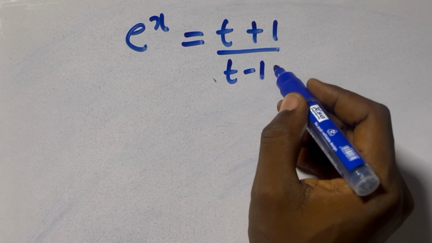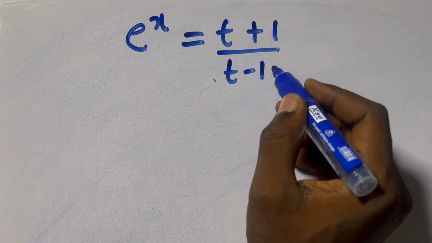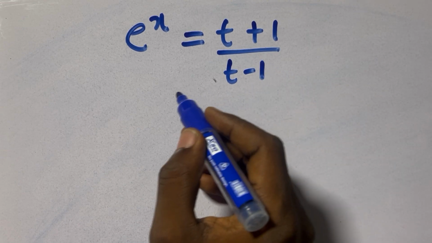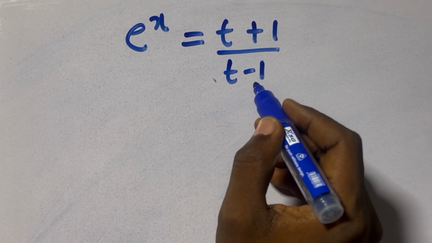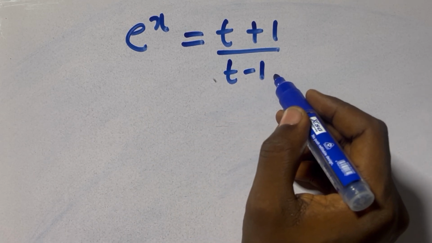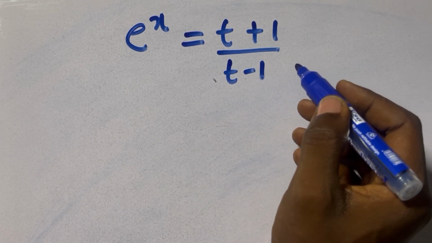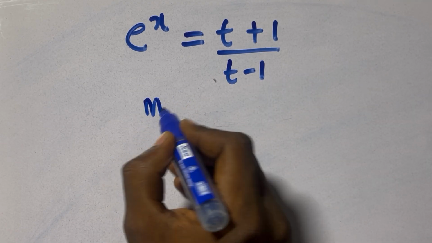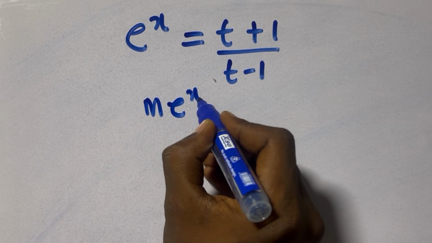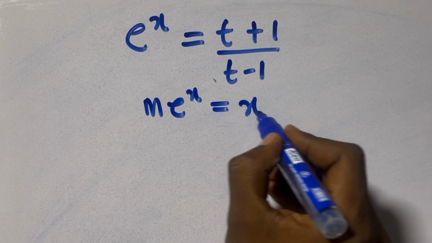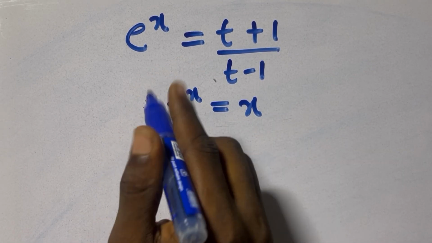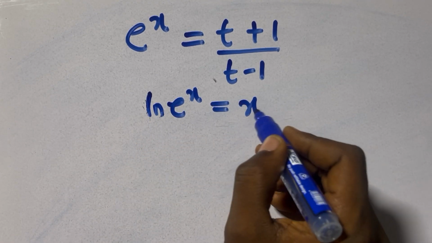If you look at this, how do we solve for x? The best way is to introduce the natural log, ln, to both sides, because ln of eˣ equals x.